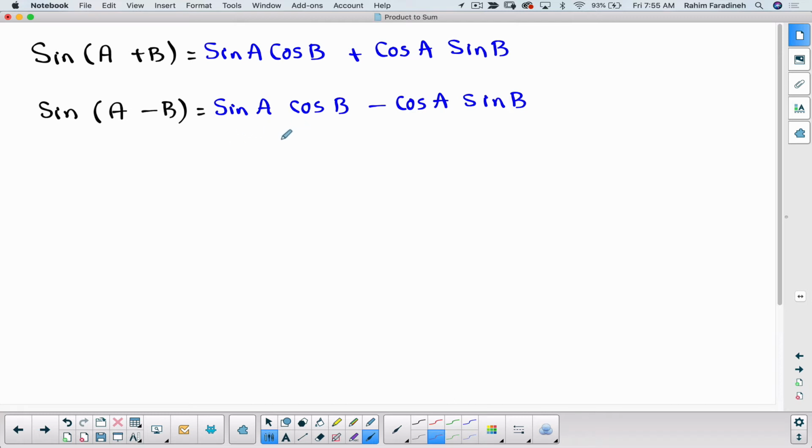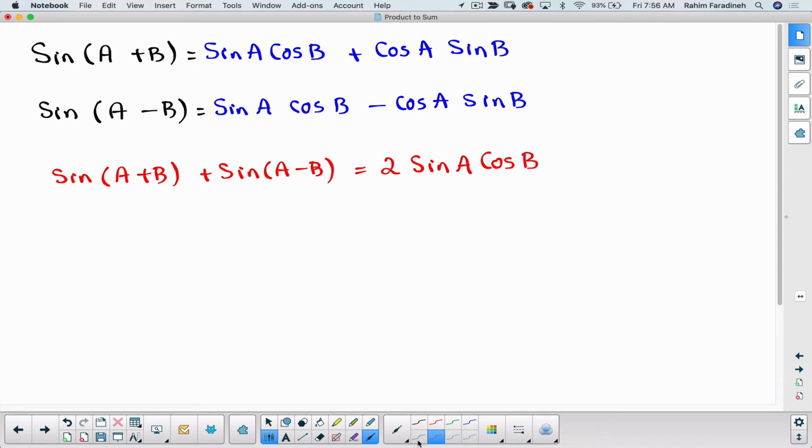So if we simply add these two equations together, we're going to get sine of a plus b plus sine of a minus b. And on the right-hand side, the cosine a sine b cancel each other out. One is plus, one is minus. So we're going to get 2 sine a cosine b.